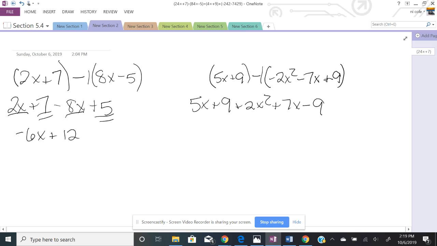So again, don't forget this negative sign has to be distributed to everything inside there. Combine like terms. This is my only x squared, so that's 2x squared. Then I have 5x plus 7x equals plus 12x. And then I have positive 9 minus 9 leaves me plus 0. And so there's my answer.